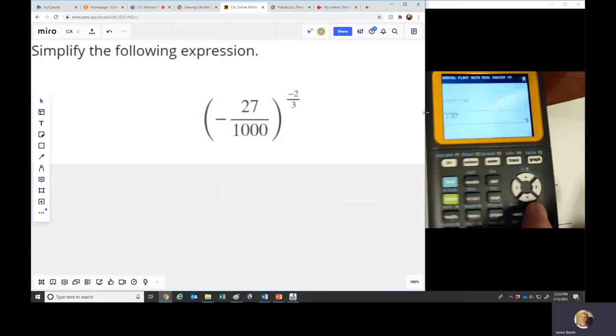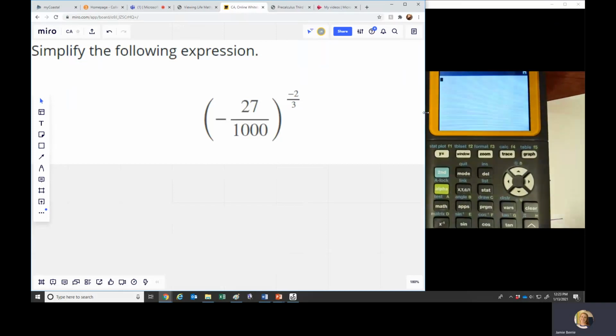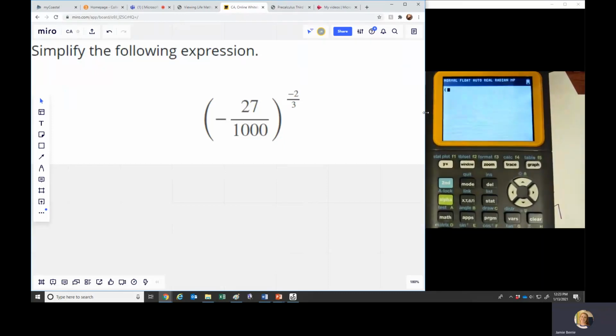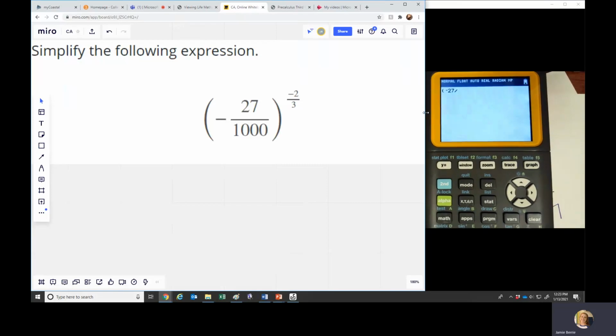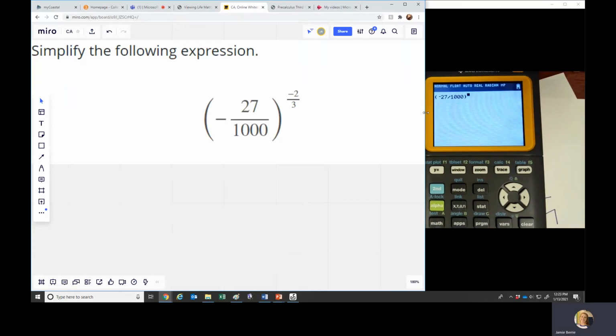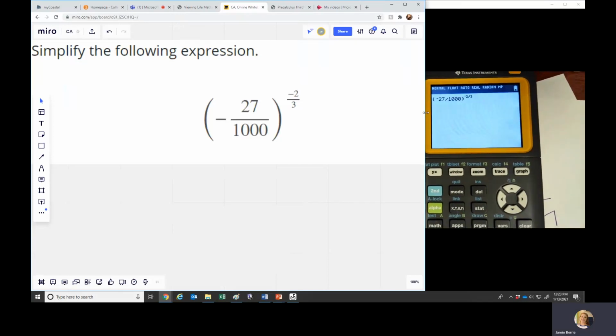So let's clear this out. We have parentheses, so open parentheses right above the 8. We have negative 27. Make sure you use the negative button, not the minus, over 1,000. Close parentheses, raised to the negative 2 divided by 3.